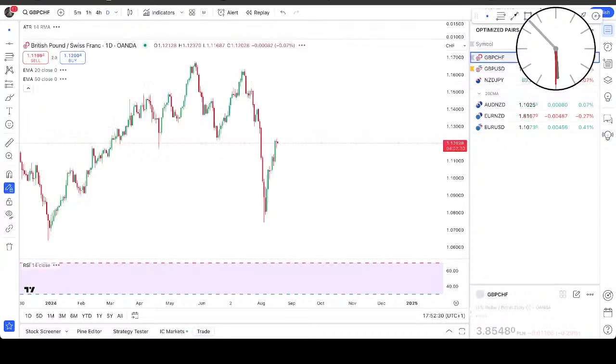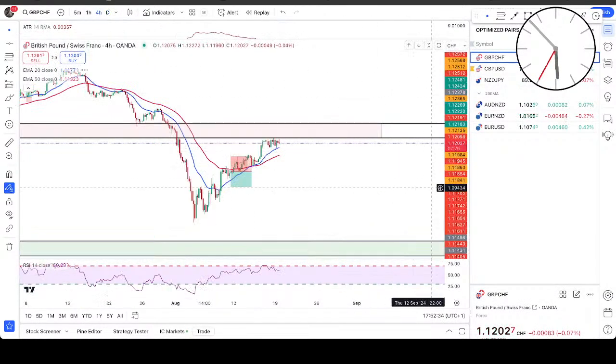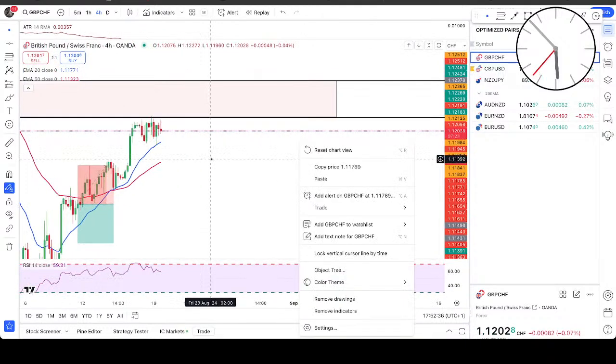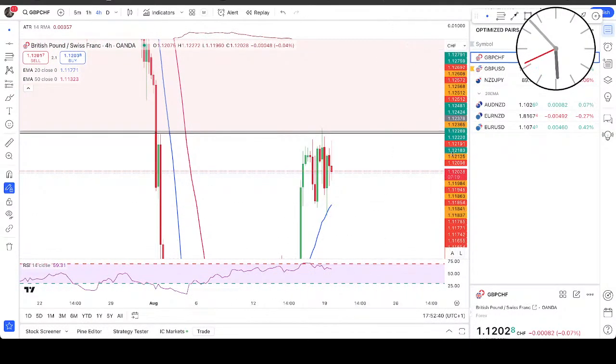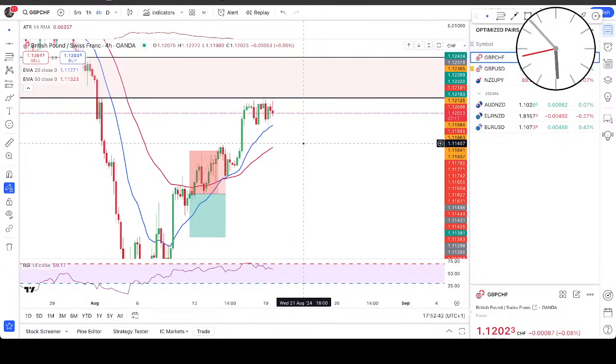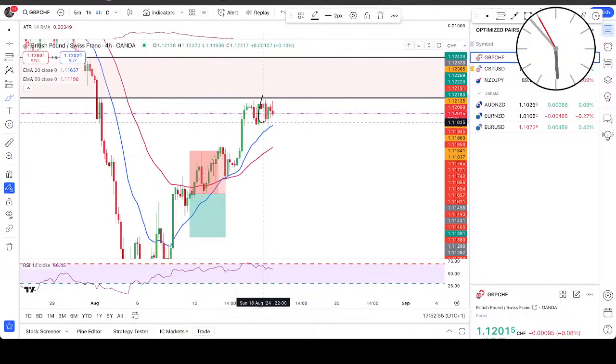Let's look at my optimized pairs. GBP-CHF right here. This zone was sent to you as well, and that is an aggressive entry right here.